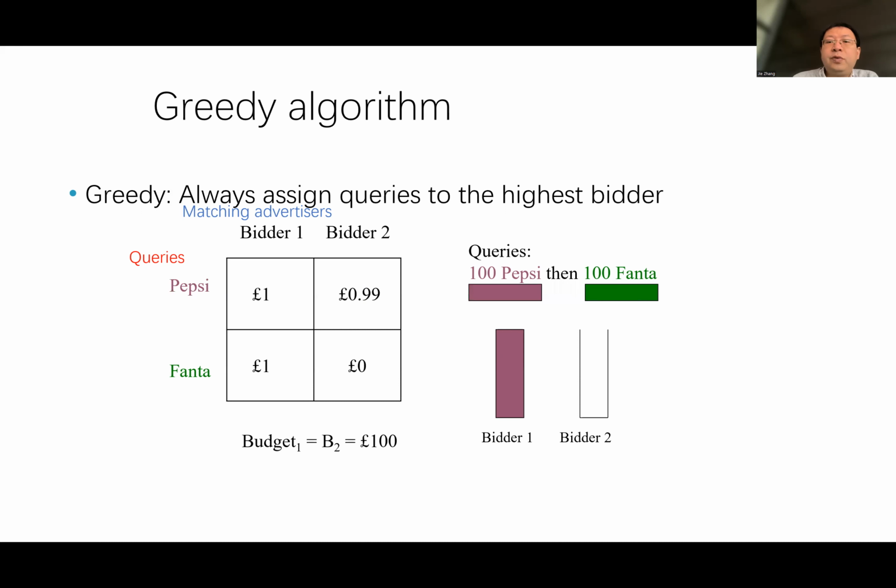Then 100 Fanta queries come. But because bidder two is not interested in Fanta, he didn't bid for Fanta, and bidder two is already withdrawn from the market. So these 100 Fanta queries are wasted. There's no advertisement to display, and no revenue generated for the search engine. So in total, the search engine generated £100 revenue.